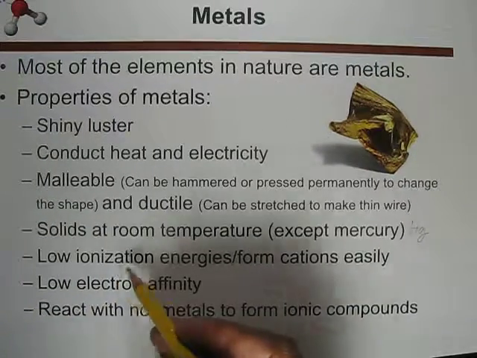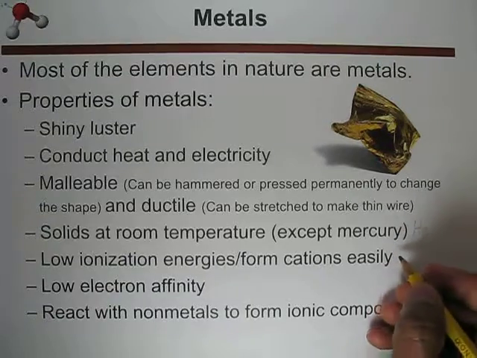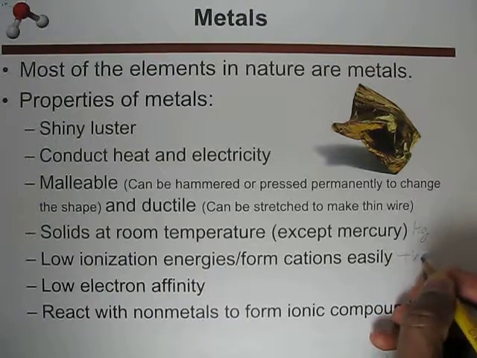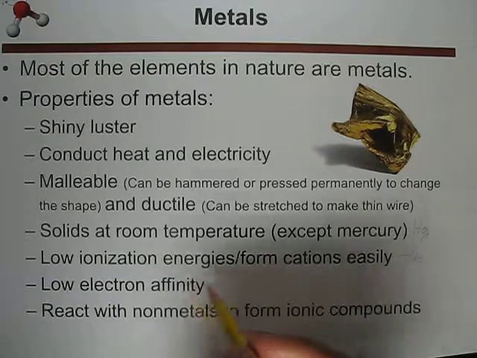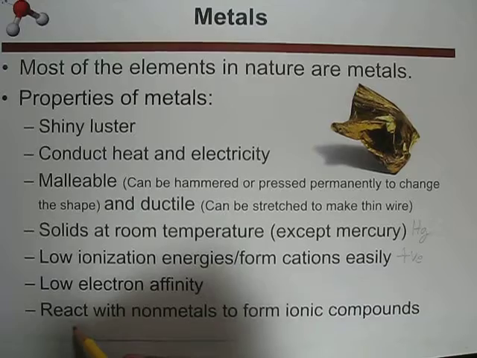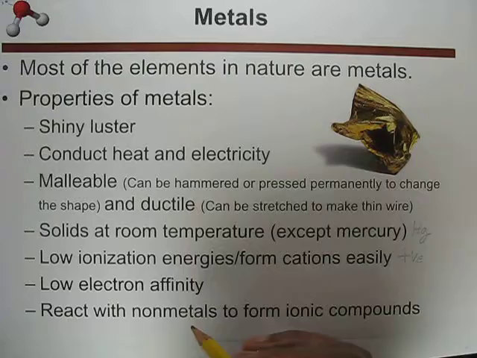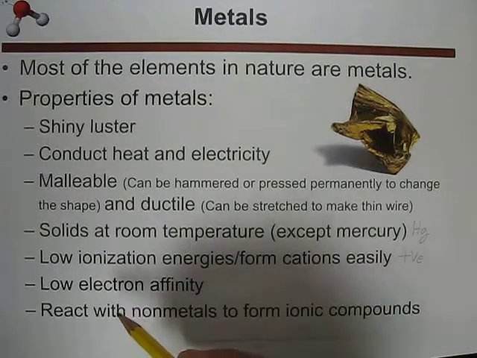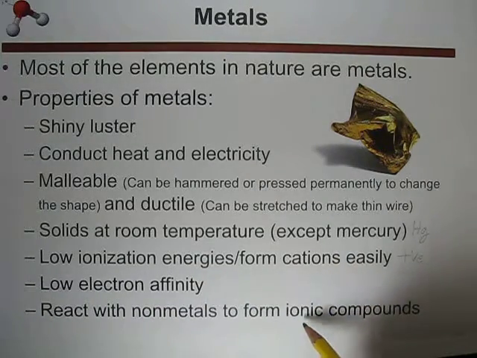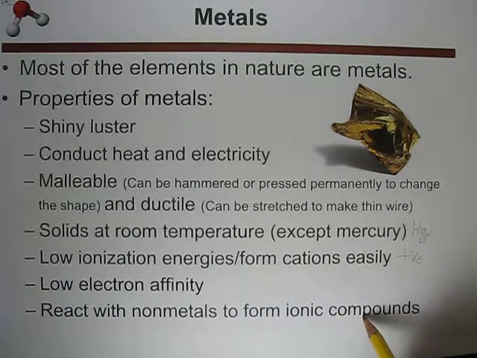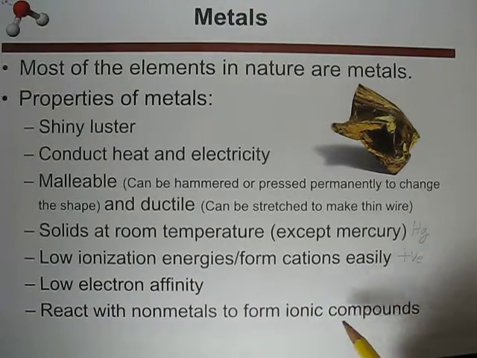So that is the only metal which is in the liquid form. All metals have low ionization energies. It means they can easily lose electrons and form cations, meaning positive ions. They have low electron affinity, which means they do not easily add electrons, and they react with non-metals to form ionic compounds.